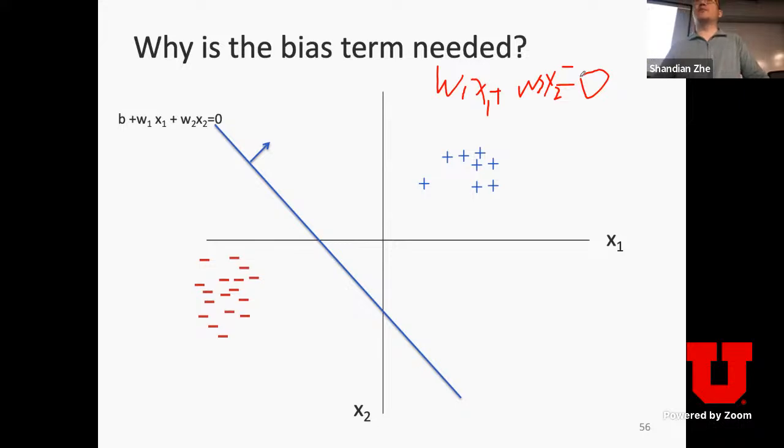This is my new classification boundary. What happened to this boundary? Yes, because of the vanishing of the bias term, this boundary will always cross 0, cross the origin.